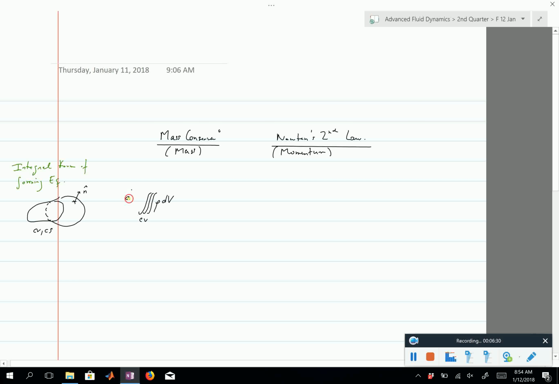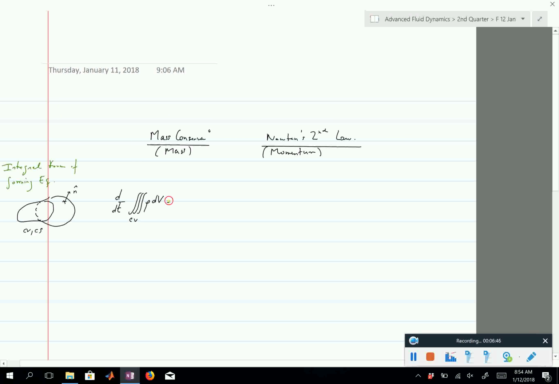And mass conservation simply states that if this mass changes, it has to be because there was a difference between the mass flowing in and the mass flowing out. Or there was a non-zero net flow coming out of the system. So the volumetric flow rate is the double integral over your control surface of u dot n dS.